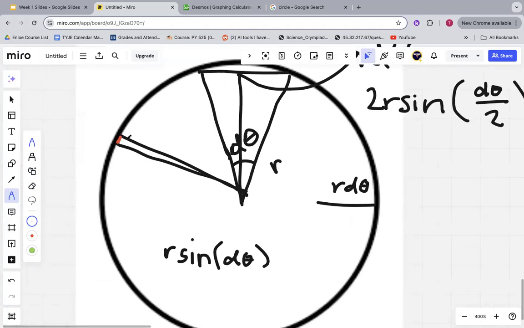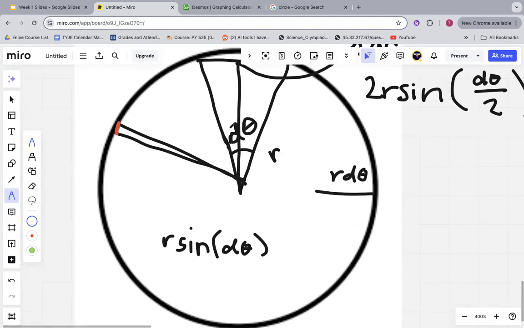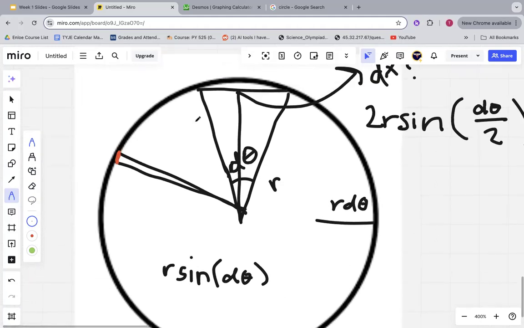Even if we zoom in, you can't really tell that these are different. So if d theta is really, really small, the length of this line and the length of this arc are basically the same. I'll explain what basically the same means in more formal mathematical language, but as a physicist, I'm thinking it's close enough. So this is just going to be r d theta.